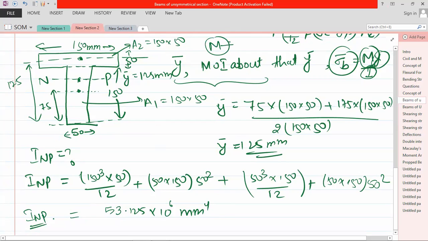Suppose it is given as 6.4 kilonewton meter. Now what is y? Y from here is at two portions, at top and at bottom. At top, suppose this is distance y2, and at bottom this is distance y1. This is portion A, this is portion B.